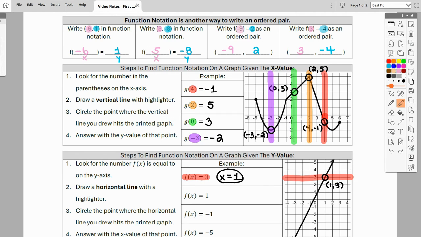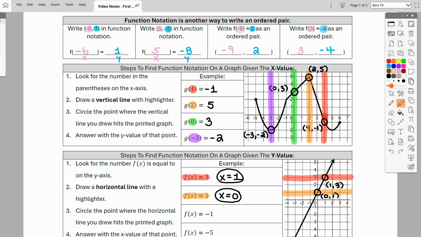f of x equaling 1, let's take a look at this one. Find 1 on your y-axis and draw a horizontal line. Circling it where it meets my graph is right here at this point, 0, 1. And I answer with the x value, so that's x equals 0.